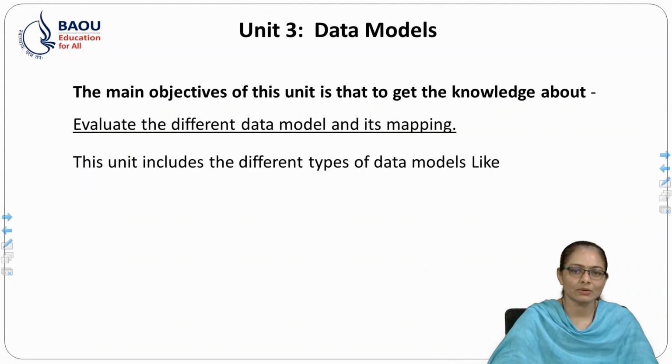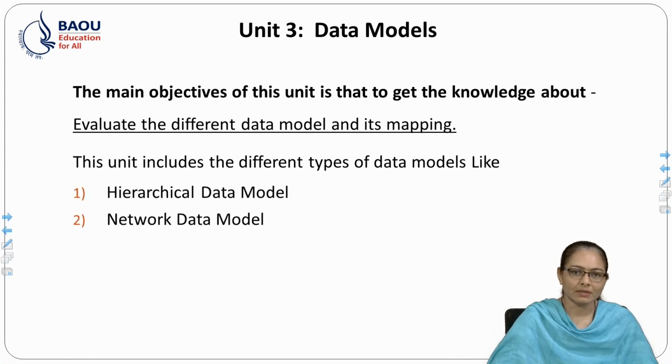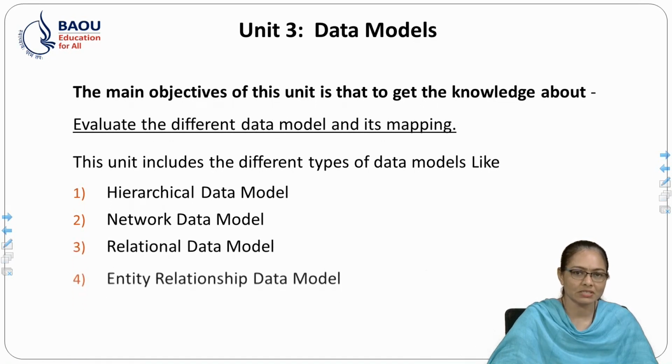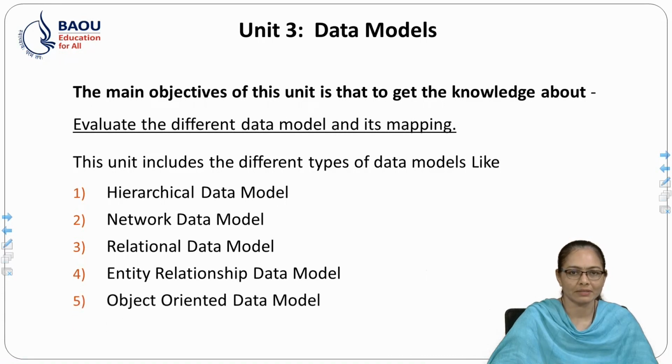This unit includes different types of data models like hierarchical data model, network data model, relational data model, entity relationship data model and object oriented data model. Now we discuss these models in detail.